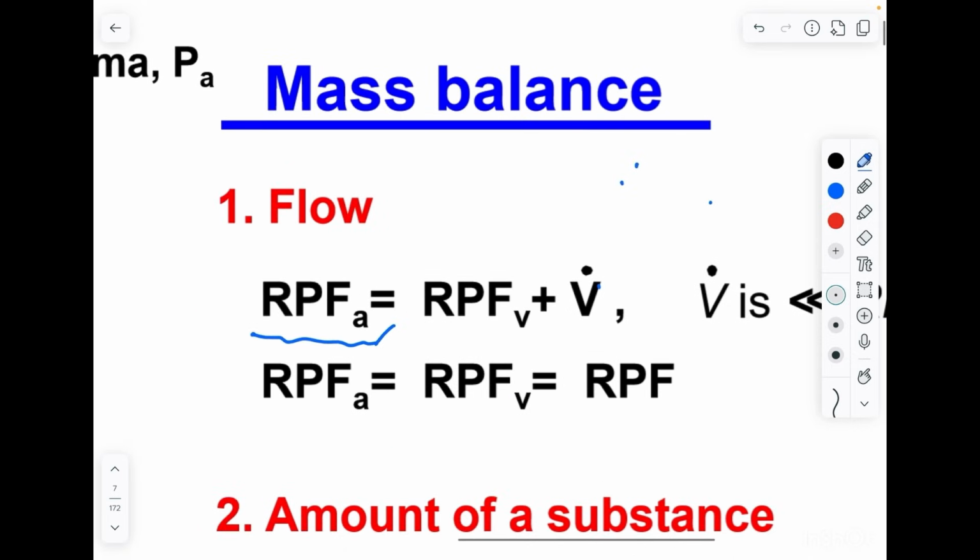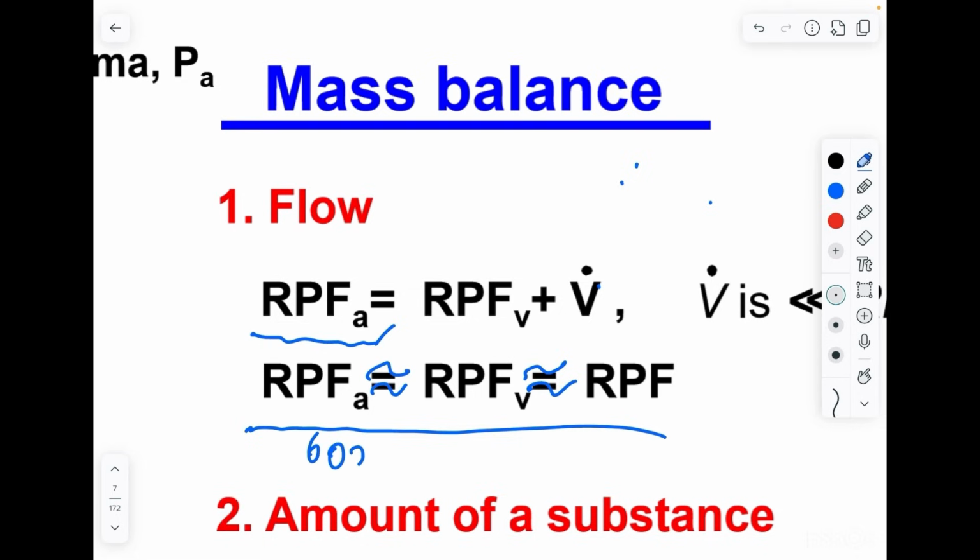Okay. Now, we estimate this should be like this, to not confuse. Okay? We estimate that the renal plasma flow of the artery and the renal plasma flow of the vein and the renal plasma flow, they are all almost the same. Why?